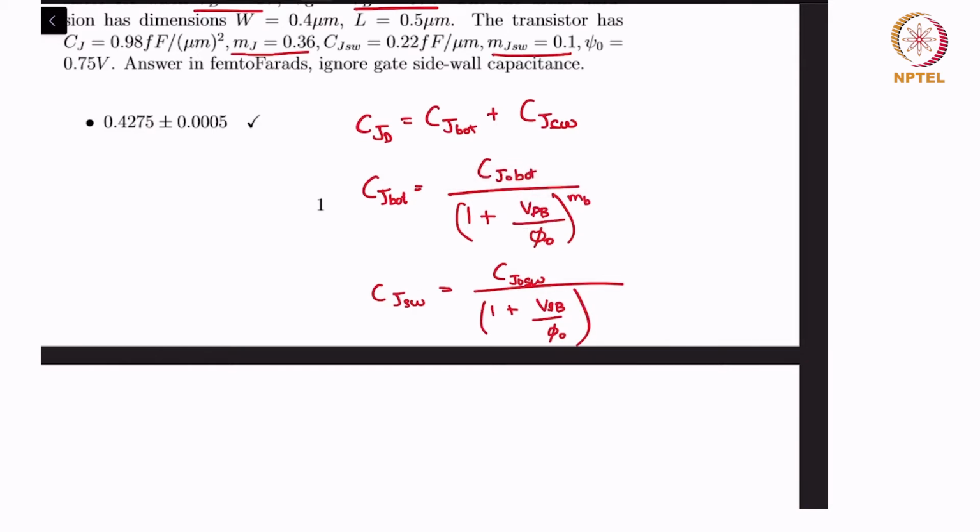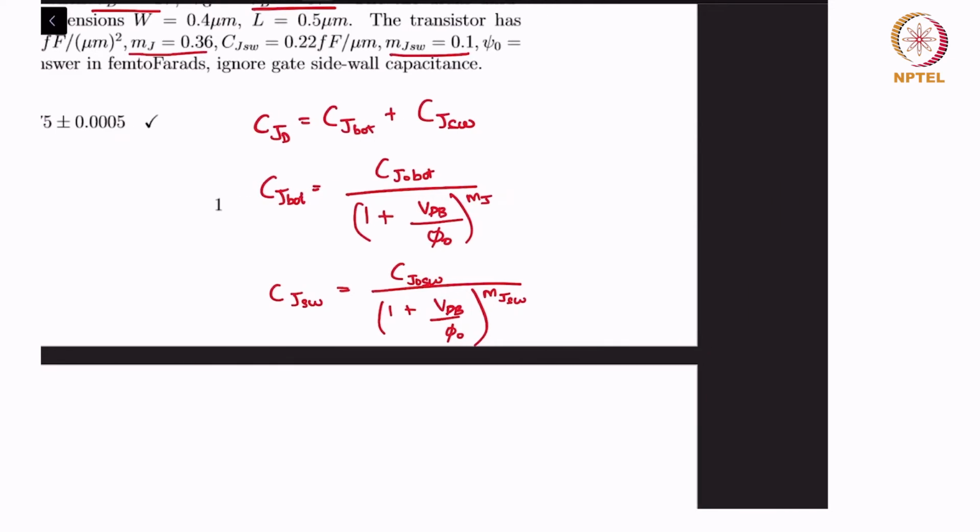It's the drain to body diode, so the reverse bias is VDB. The exponent for the bottom junction should be MJB, but okay.